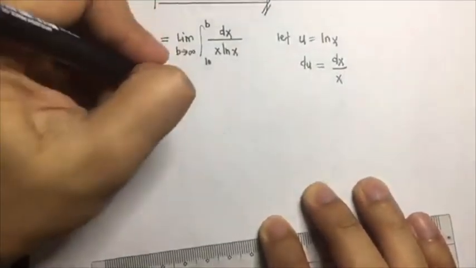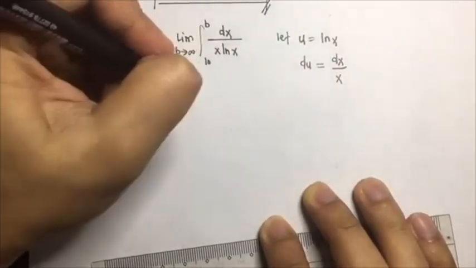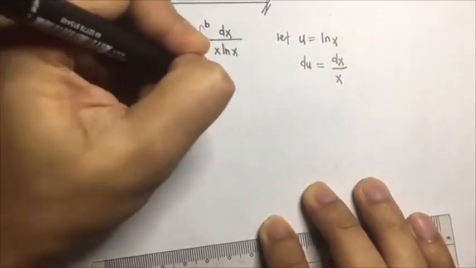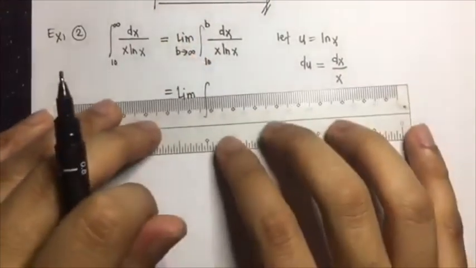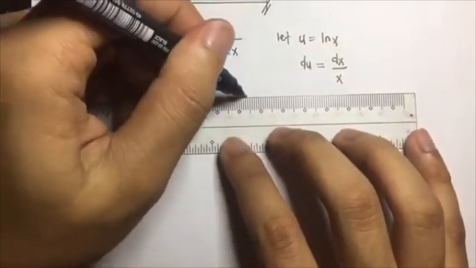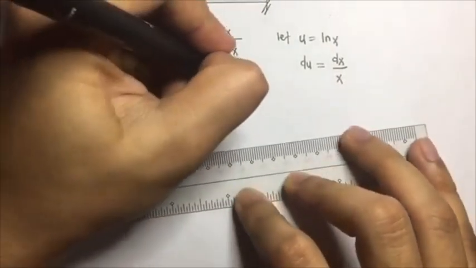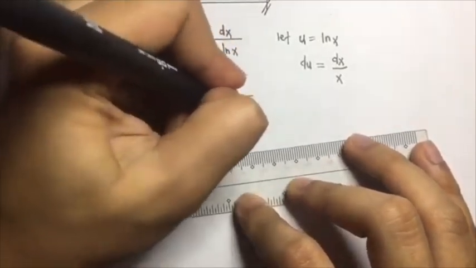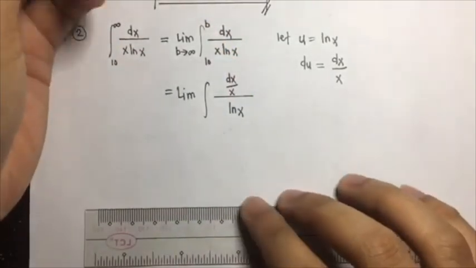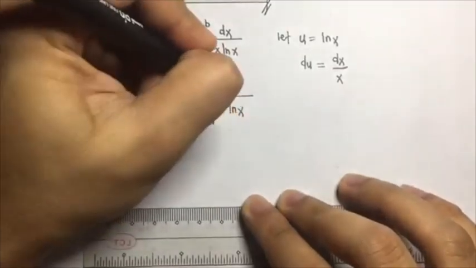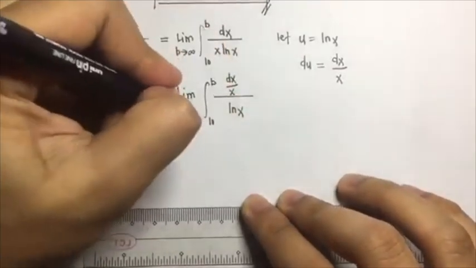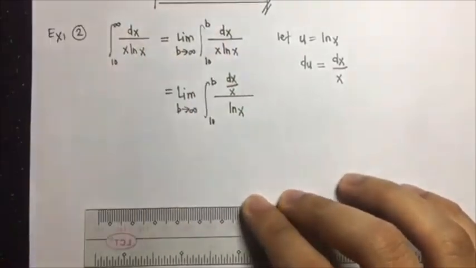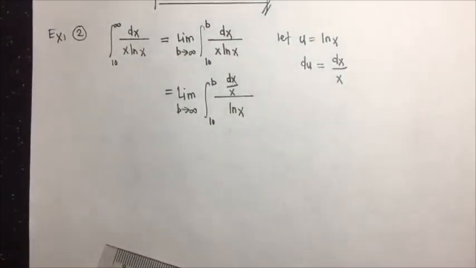If we rewrite this, it is equal to the limit of the integral of dx over x over ln of x from 10 to b as b approaches infinity.